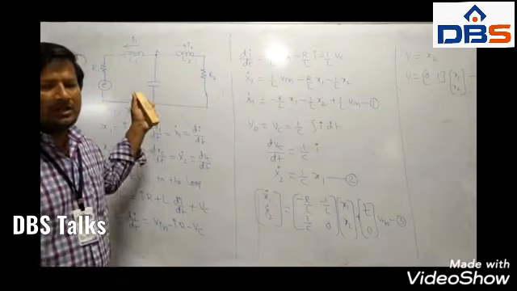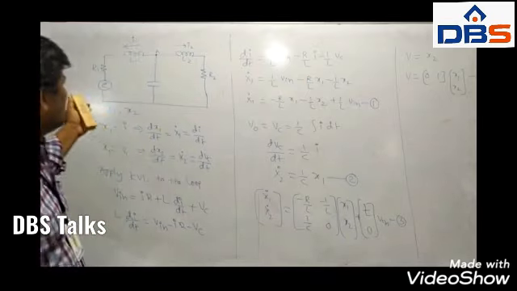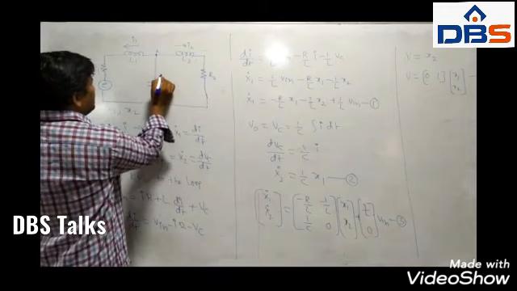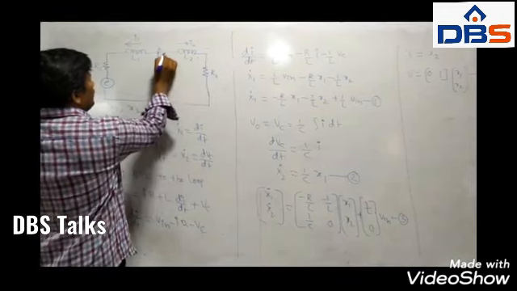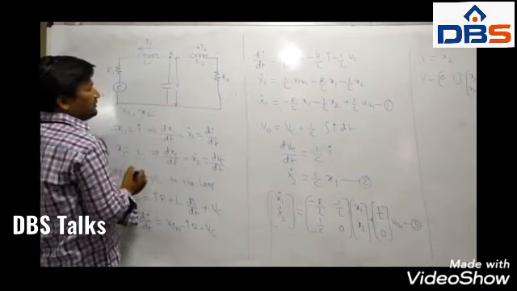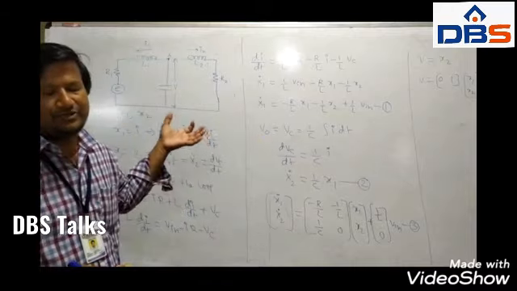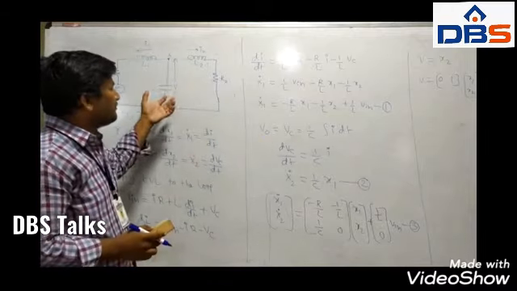Obtain the state model for the given circuit. This is C, and the voltage across the capacitor is V. In the previous problem we termed the capacitor voltage Vc, but here it is given as V.